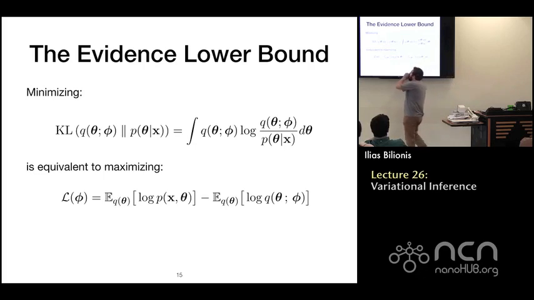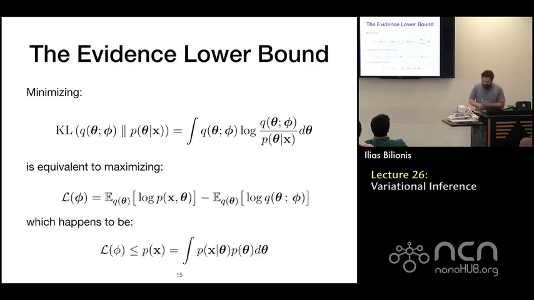Okay? If you expand this, you're going to get minus this plus a constant that doesn't depend on theta. And that constant happens to be the model evidence. You can show that this quantity that you can maximize, instead of minimizing the Kullback-Leibler divergence, has an upper bound.